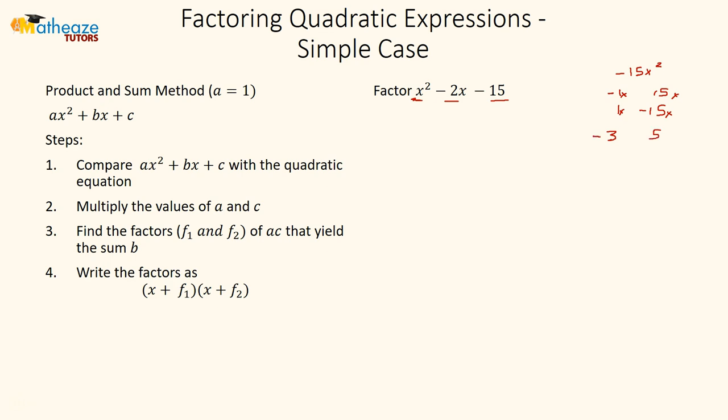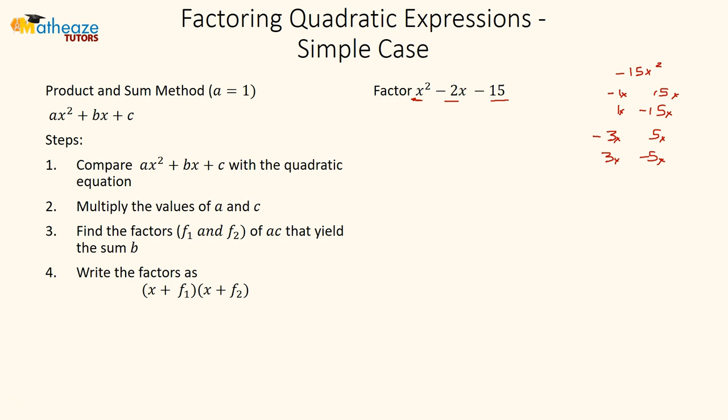So I'm going to put a negative here. And then 3 and 5. Ideally, you don't have to deal with the x if you don't want to. So we can see that negative 1 and 15, there's no relationship that gets you to 2. So now we're going to focus on 3 and 5. So we can see there's a relationship there that can get us to 2.